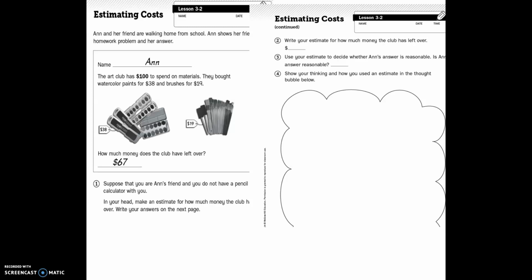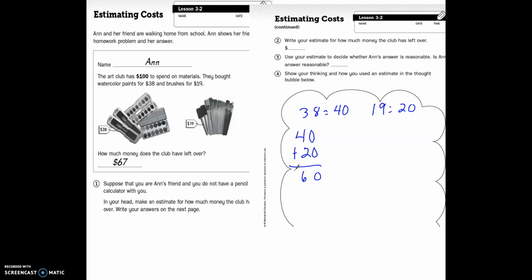So if we're going to use easy to use but close numbers, 38 is going to be 40. And 19, we're going to round that to 20. First, we need to add those two totals together, because we're estimating what was spent. So they spent about $60.